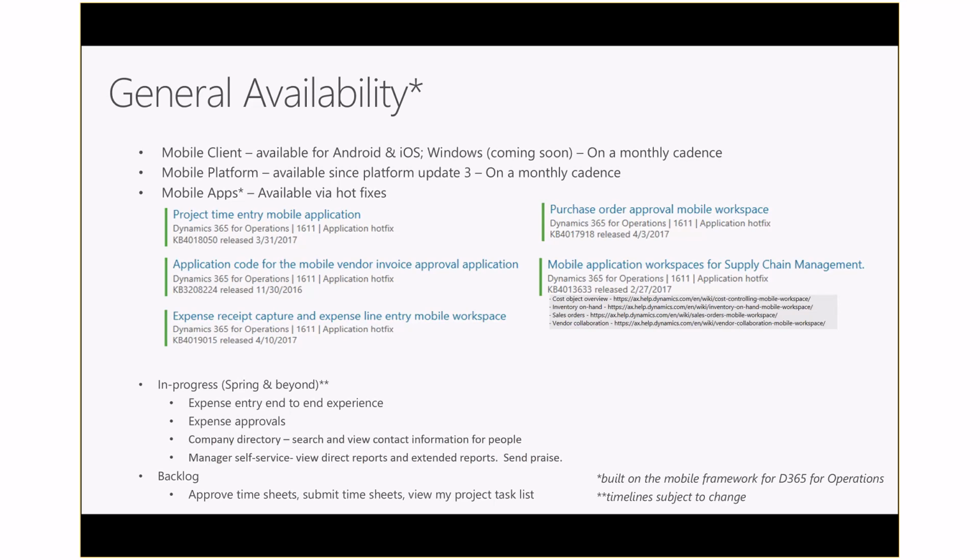And again, I have some fine print here: the timelines are subject to change, and also the scope is subject to change. So whatever you see today in demo is based on pre-release software. So you should take that into consideration in terms of what the actual scope might be and what the actual timelines might be.